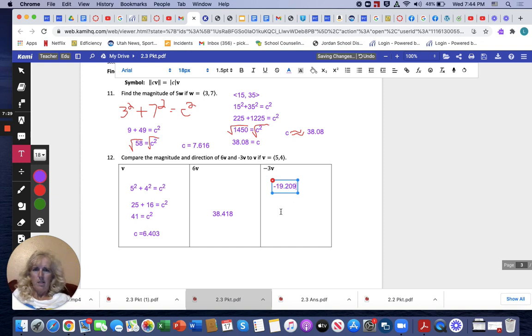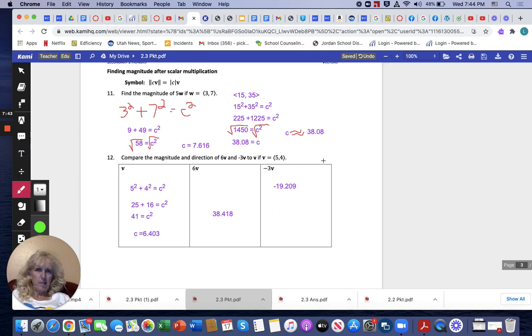At any rate, know that these are just multiples, but on this negative 3v, it switches direction. So if it's 5, 4, and say it's at the origin and it's going right 5 and up 4 like that, then this one, negative 3v, would be negative 3 times it if it started at the origin, and it would be going down 3 times, something like that.